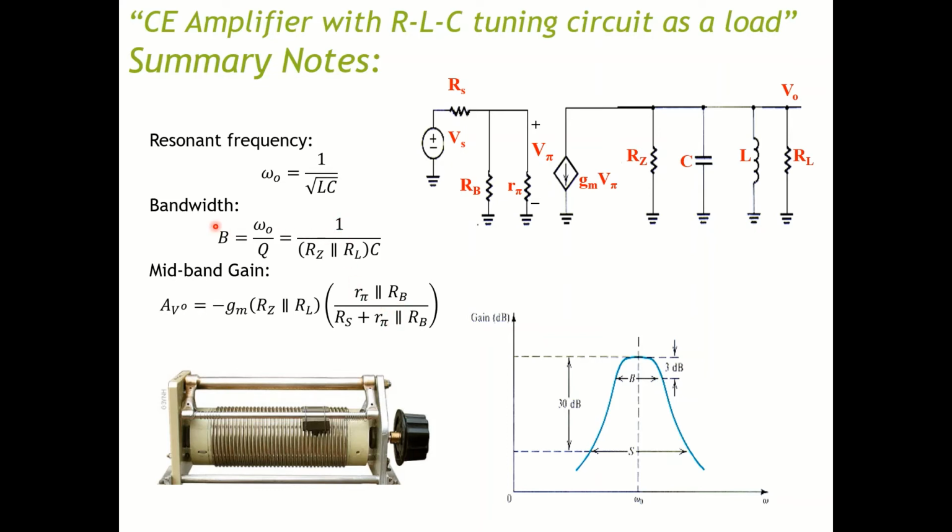So now you look at the bandwidth. There's RZ and RL contributing to it, and there's C, but there's no L. So if you want to vary the bandwidth, you can change C. You can find a way to vary your capacitance, either by using a series of switches or a variable capacitance.